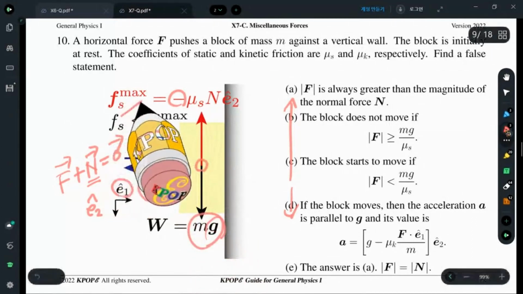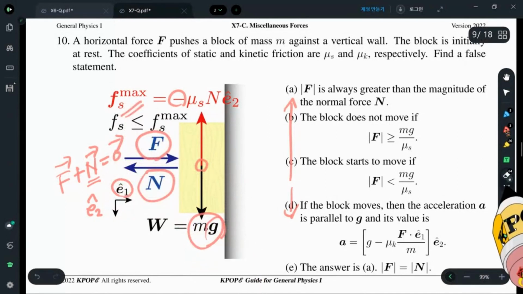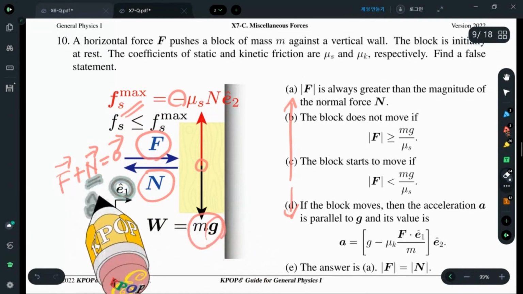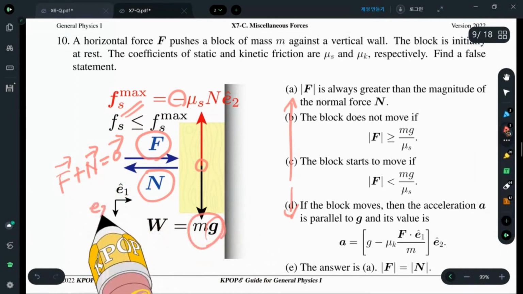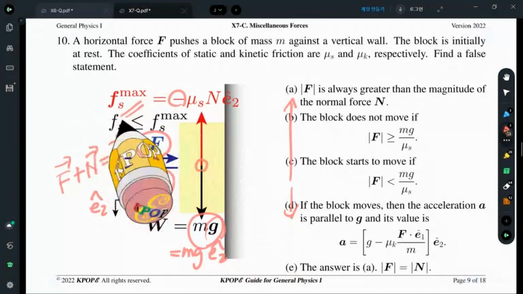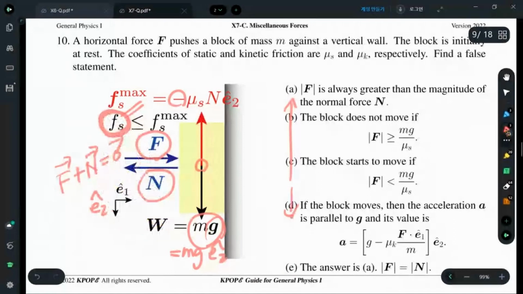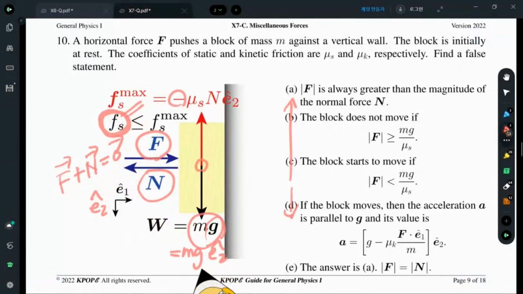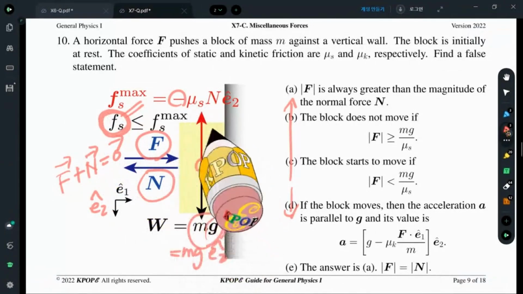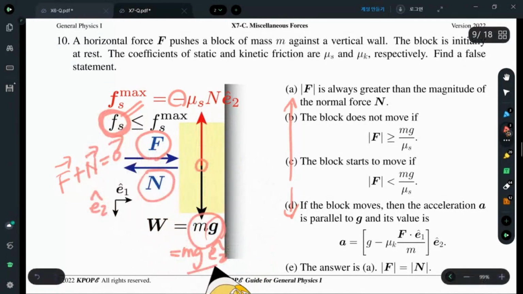So the frictional force is opposite to this gravitational force. So that's the reason why E2 hat is in here. So this is mg E2 hat, and frictional force is upward, but its value varies depending on the situation. If the system is in equilibrium, then the static frictional force must cancel this gravitational force.